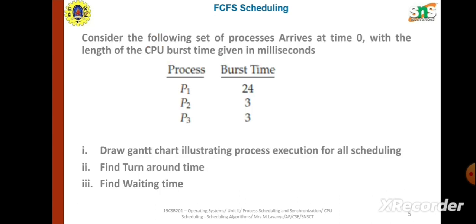In this example, the inputs given are the number of processes along with their burst time and arrival time. And the outputs we are going to find for this FCFS scheduling are, first, the Gantt chart. Next, we have to find the turnaround time. Third, we have to find the waiting time.